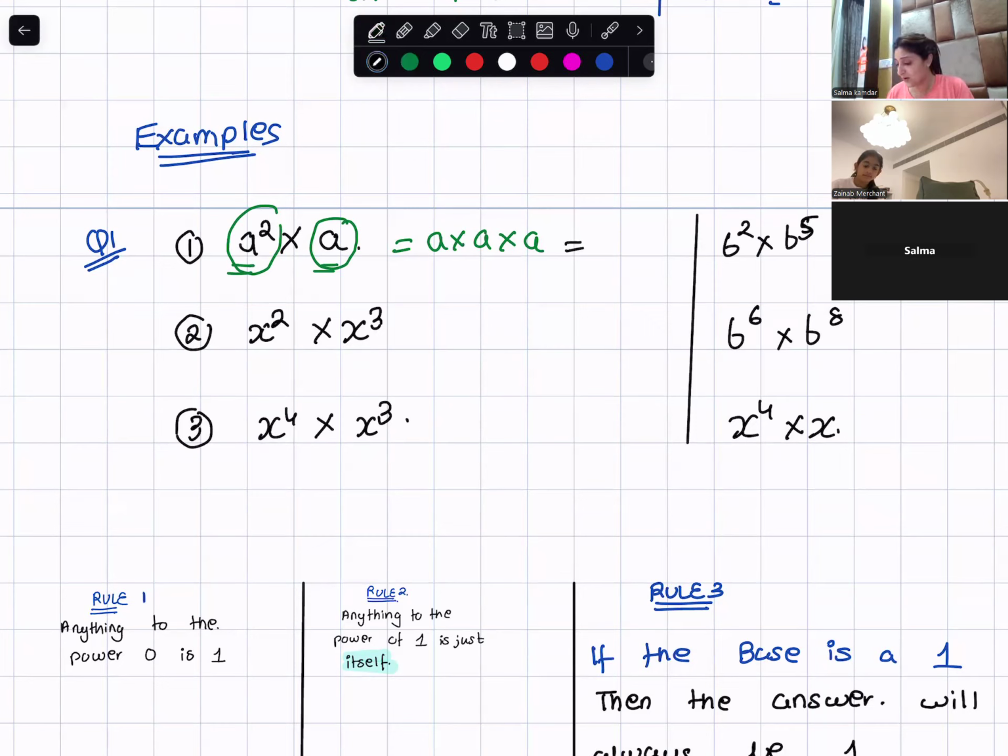So this will become A to the power 3. Are you with me? Yes. Okay. I'll give you another example. You have 2 and you have 3. Okay. How many times?